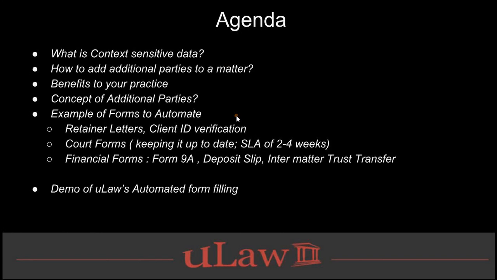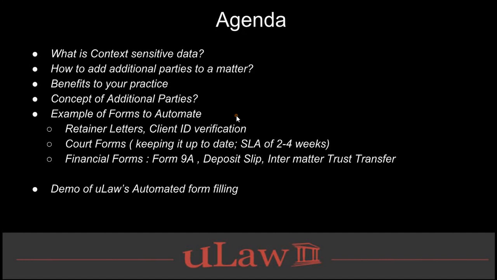The other piece of data is, once you have created a client, you obviously create the matter or the file for that client. And then the context comes into play. So now you have all this data, that's fantastic, but what is the use of that data without the context? The context really is that particular joint retainer. Is he or she a joint retainer in this file, or in another file?